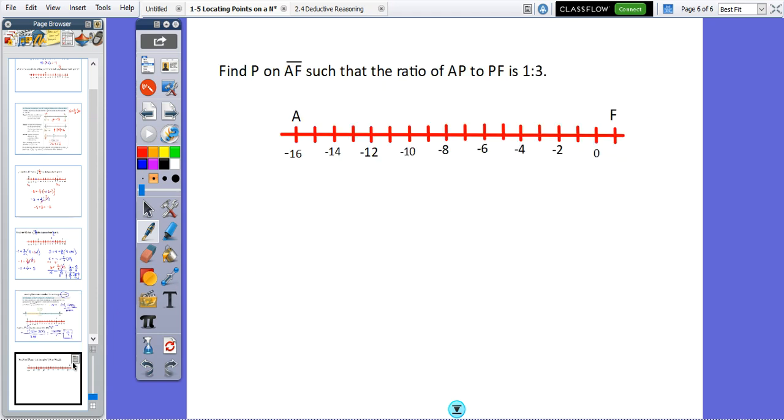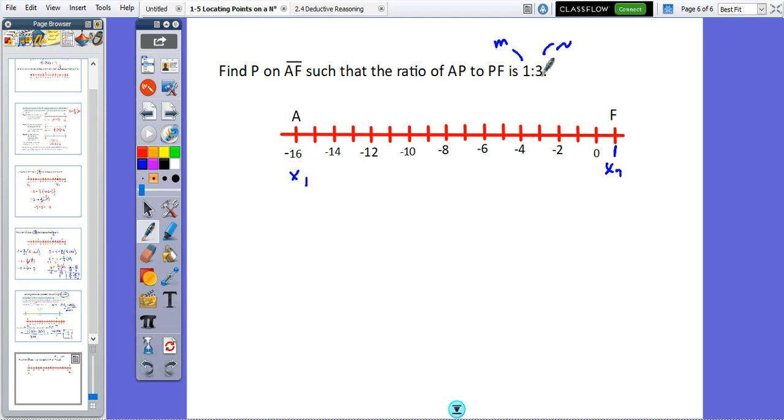So try this one yourself. You're going to get a fraction as well. So we're looking for some p-value that's between a and f. This being my m, this being my n. Same issue here. So we got our x1 and our x2. Just because there's no number here doesn't mean this is not a value. It's just 1 in our problem right here. So let's try that out.